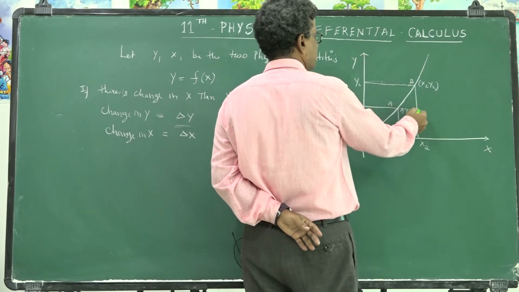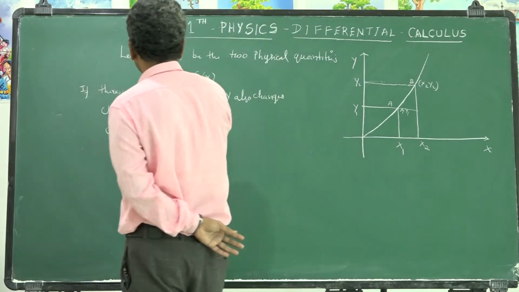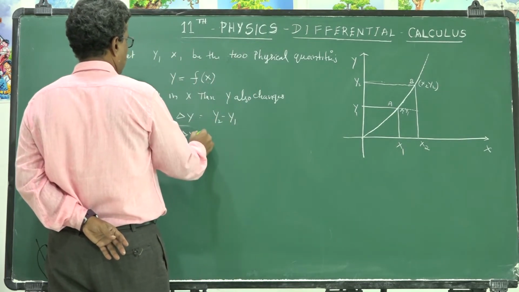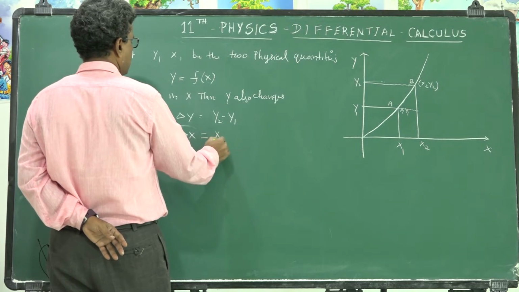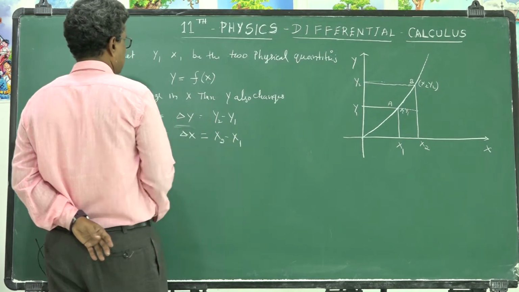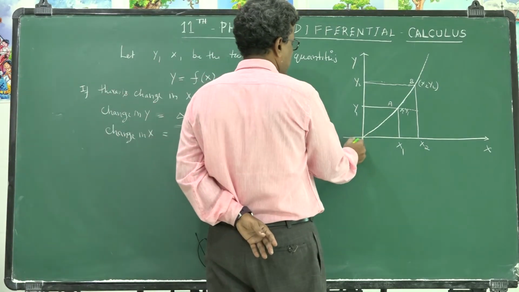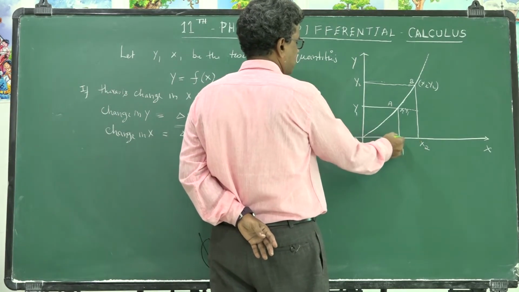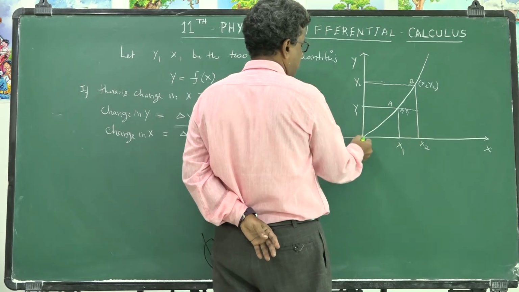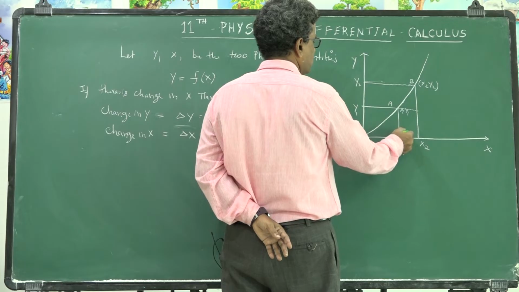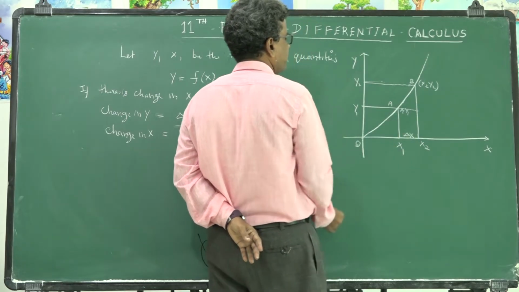What is the change in y? y2 minus y1. What is the change in x? x2 minus x1. Let it be delta x. Let this be the origin. This one is x1, and from here to here is x2. So x2 minus x1 becomes this one, and this is delta x.